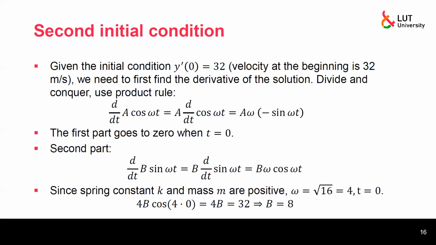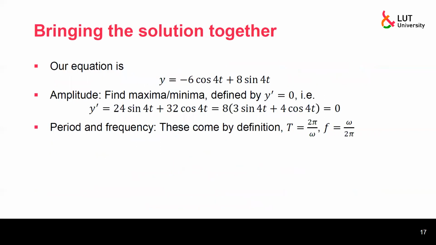So we'll still have cosine 0 here, but 4 times b is 32, so b is 8. And then we can collect the terms to the solution. And now when we try to find the minimum and maxima, we can solve the derivative of this.